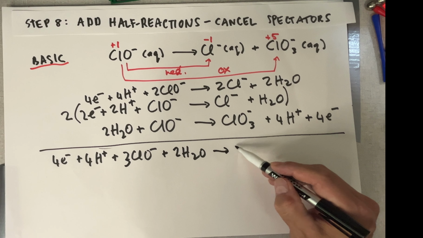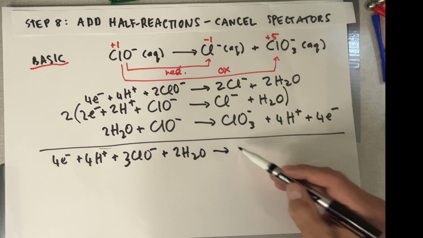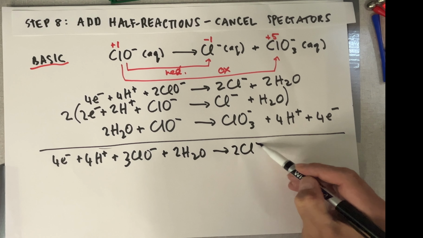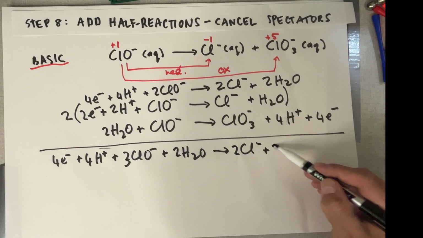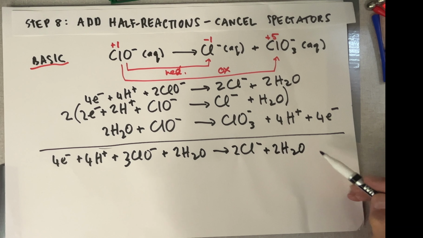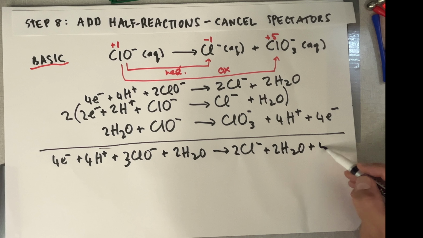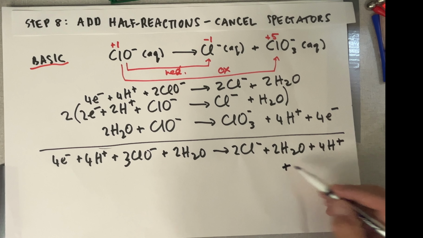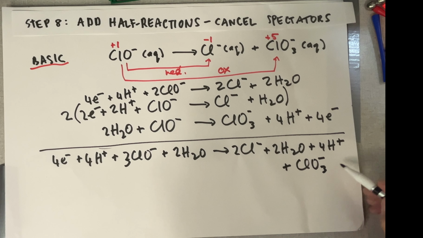That provides 2 chlorides plus 2 chlorides, that's it, plus 2 H2O plus 4 H pluses plus ClO3 minus plus 4 electrons.